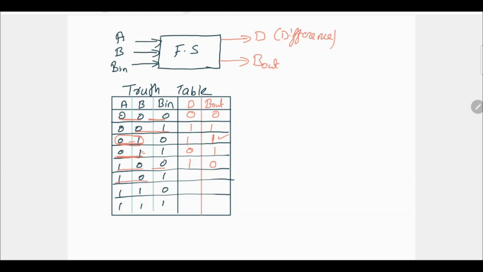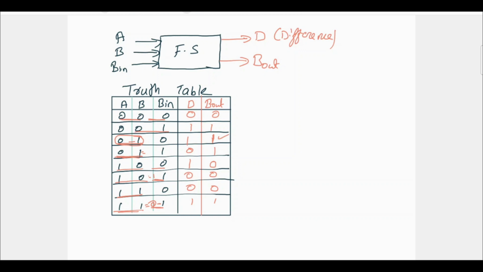Next 1 minus 0 is 1 and this 1 minus next one is 0. Next 1 minus 1 is 0, then 0 minus 0 is 0 with a borrow 0. Next finally 1 minus 1 is equal to 0. Now, this 0 minus 1 we need a borrow, since 0 minus 1 difference is 1. So, this is the final table.